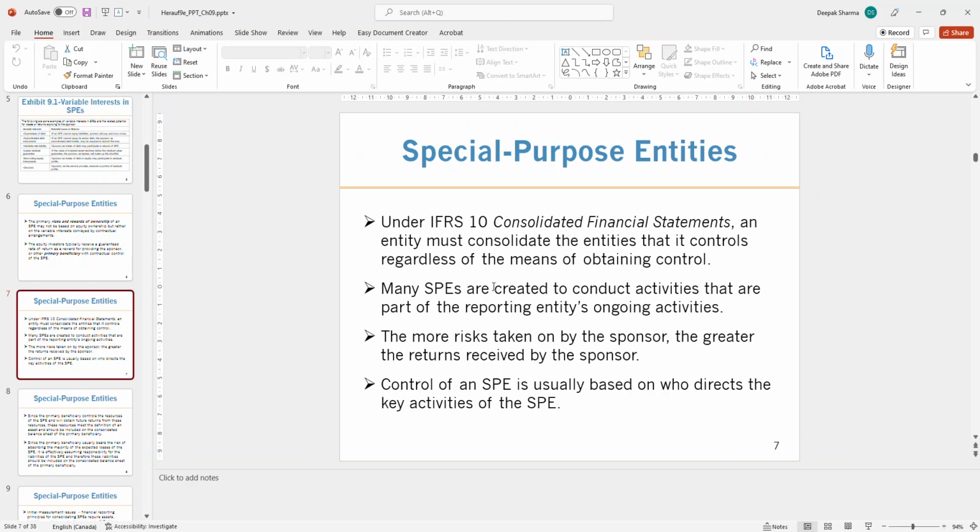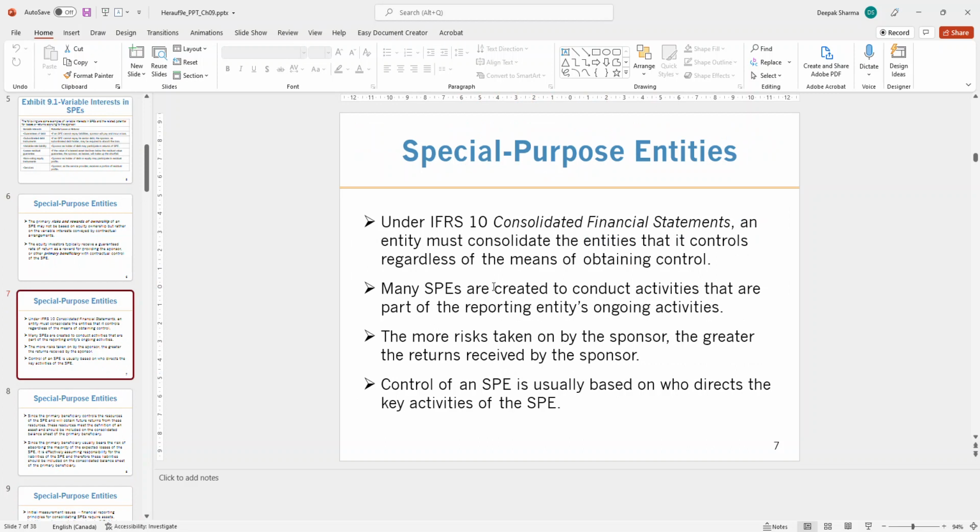So now, how do we determine the control? In the previous chapter we talked about how we simply look at control as getting voting shares or making decisions on the board members. That's how we dictate the control. But here the SPE's controls are determined based on the key activities.